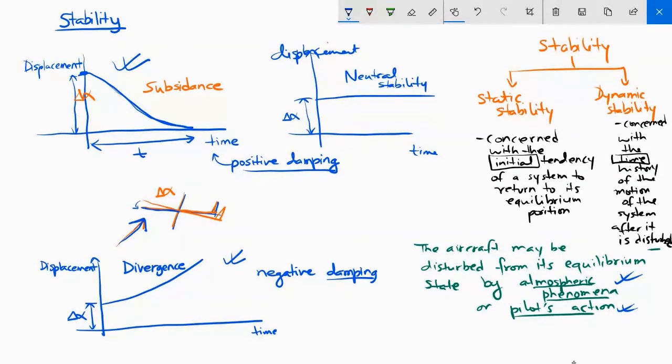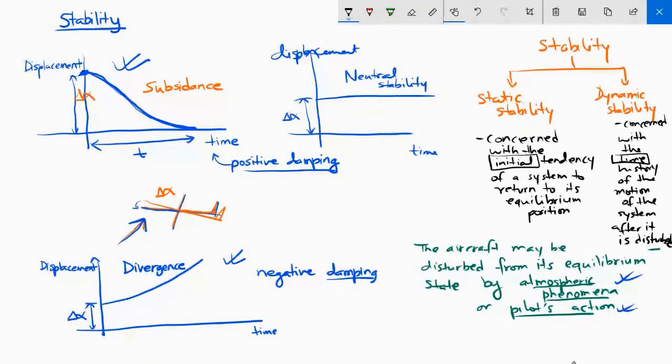Now, when the angle of attack changes by delta alpha, this could also lead to some oscillations. For example, although eventually the aircraft may come back to its original angle of attack, it may not necessarily do it monotonically, right? So it may not just slowly decrease and come to delta alpha equals 0. The angle of attack may also start to oscillate, right?